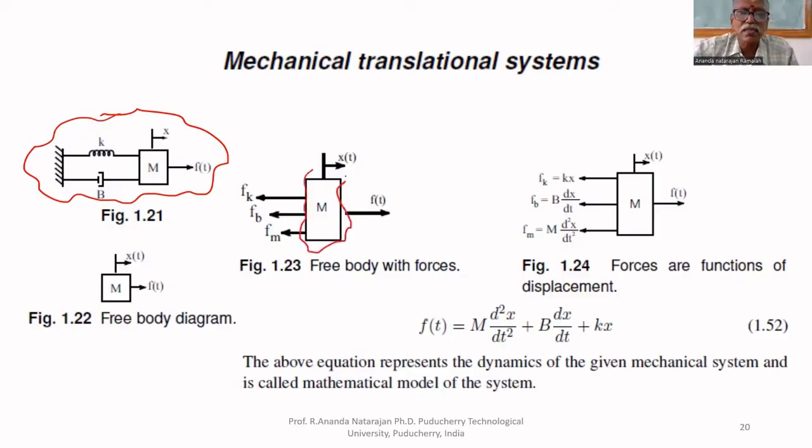In the free body diagram, all the forces acting on it we have to draw. The first force is the applied force, from left to right. That is marked on the free body.